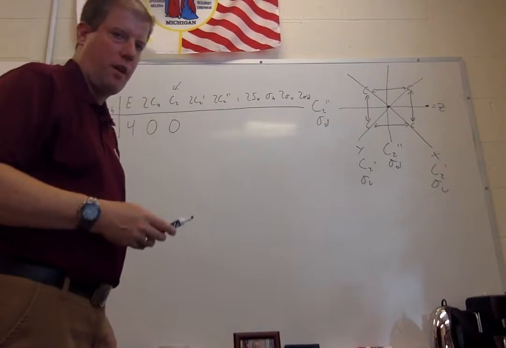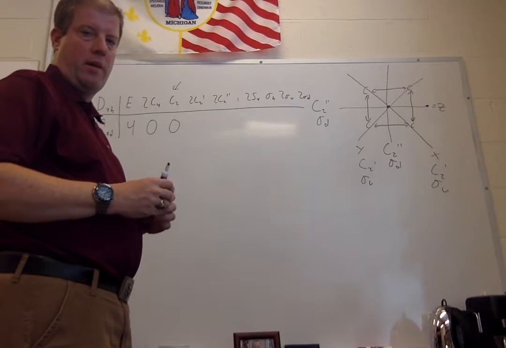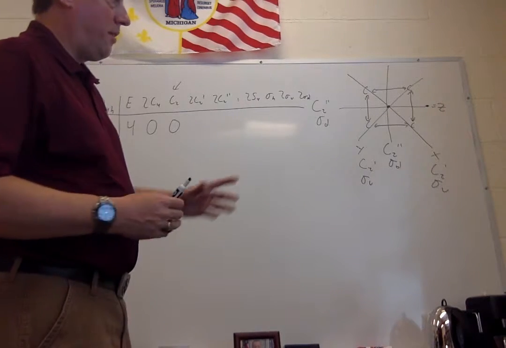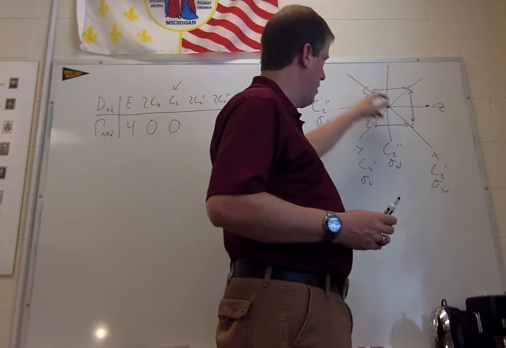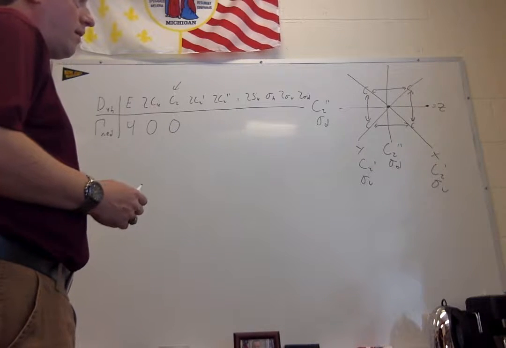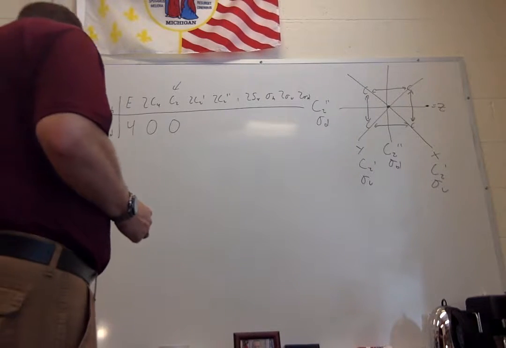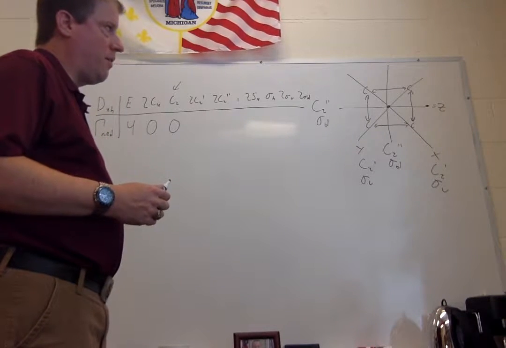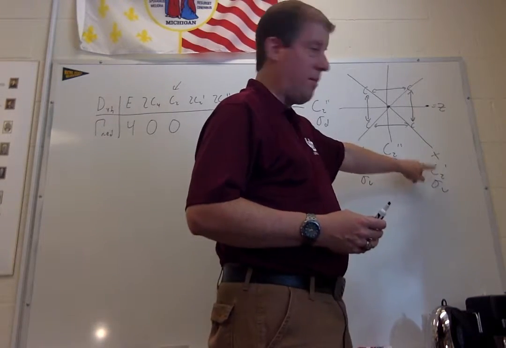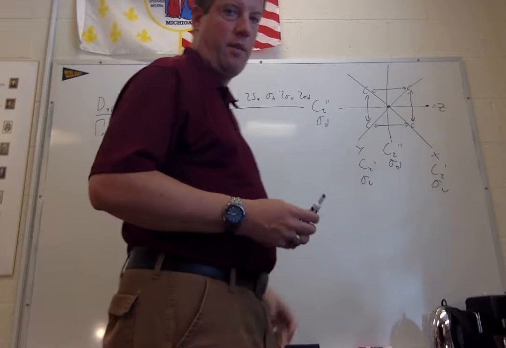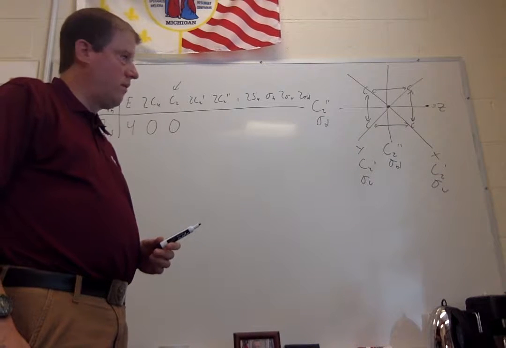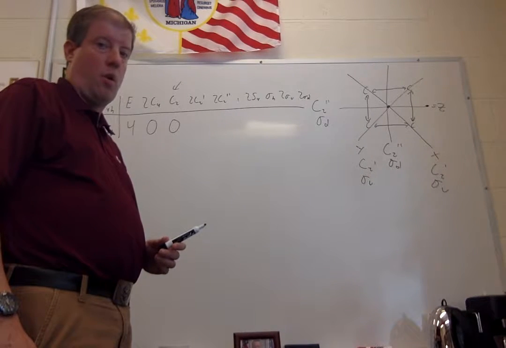Now, observe, this is actually why I pointed out what I pointed out about where you place your C2 primes or C2 double primes. The C2 prime here contains 2 carbon atoms. Right? And the C2 double prime doesn't. So if I rotate about this C2 prime, which is the x-axis, or that C2 prime, which is the y-axis, how many vectors move? The answer to that is all.